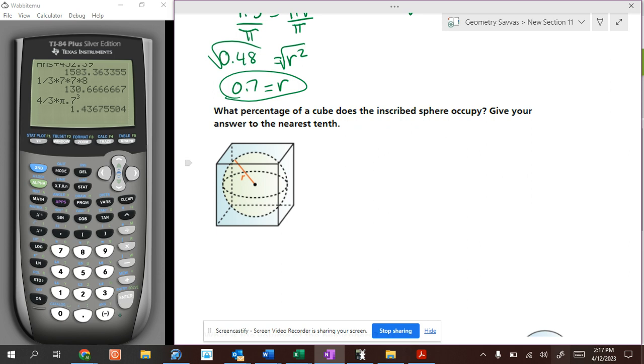Well, I know the radius of the sphere is r. What's the distance across here? Well, if we go this far to get r, and this far is also r, what's the length across? 2r. And it's a cube, so each dimension is 2r.